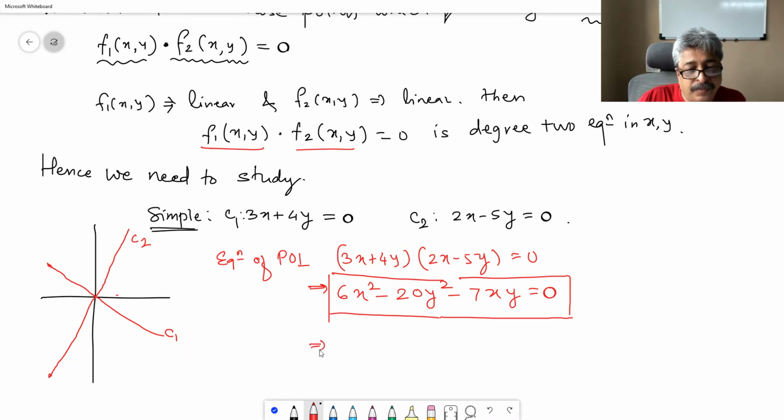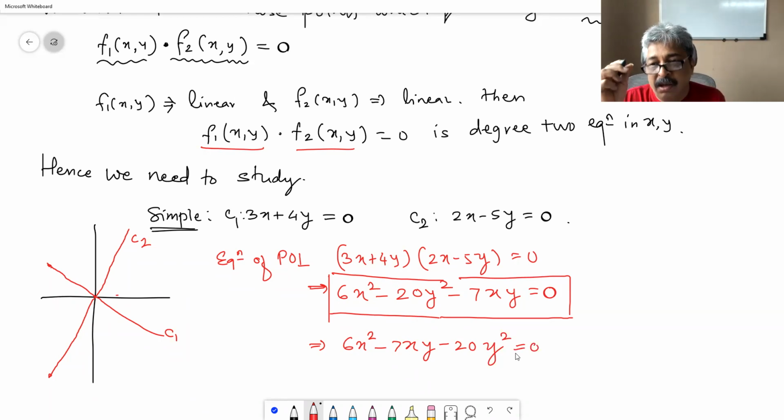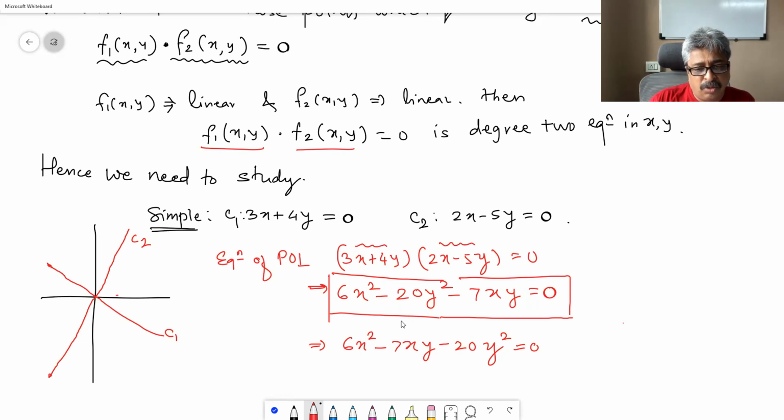Observation. Let us look at it like this: 6x square minus 7xy minus 20y square is equal to 0. Again, the theory of quadratic equations is going to help us, because if this is a pair of lines, it will factorize very well, and the factors are going to be these two. Now this is called a homogeneous equation.